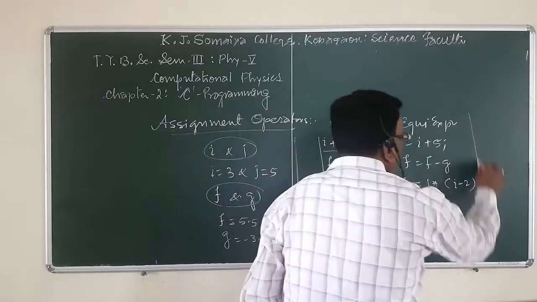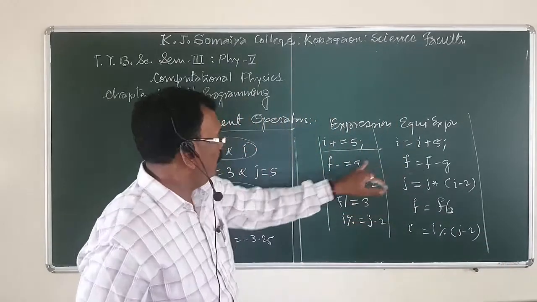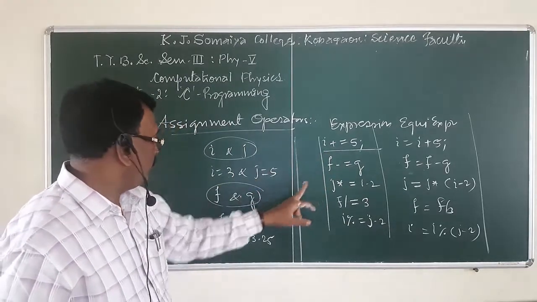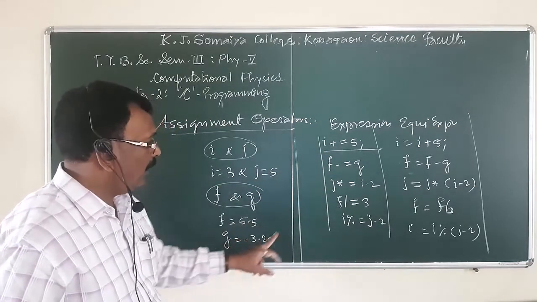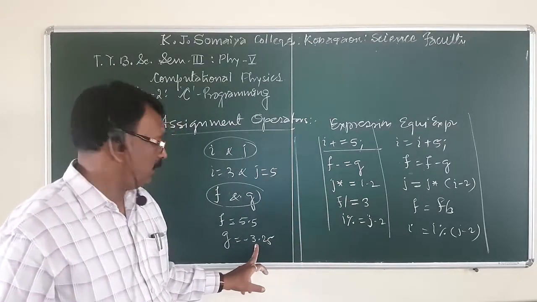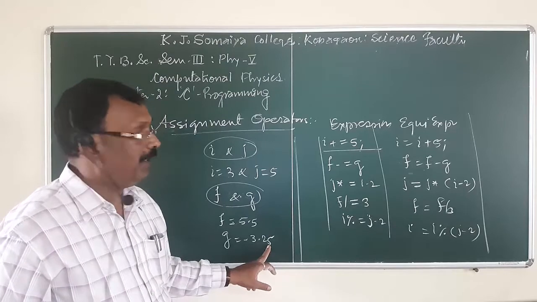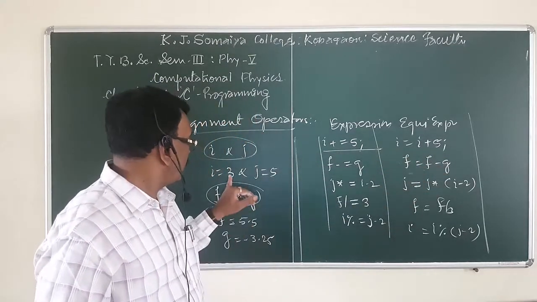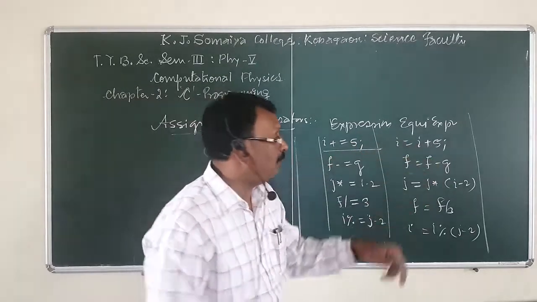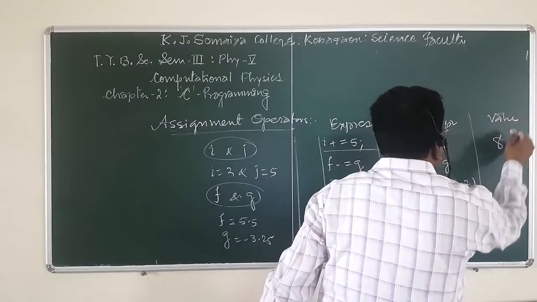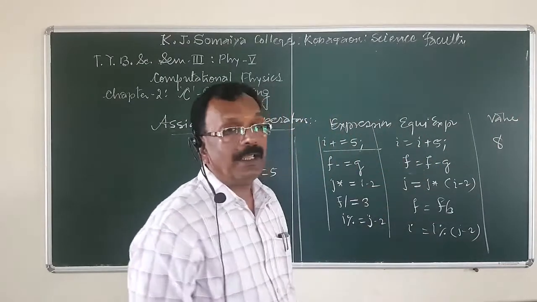Then what is the final value? Note that the value of i is 3, the value of j is 5, the value of f is 5.5 and the value of g is minus 3.25. Then what will be the result? The value of i is 3. 3 plus 5, that is, the final value is 8 and 8 is assigned to i.